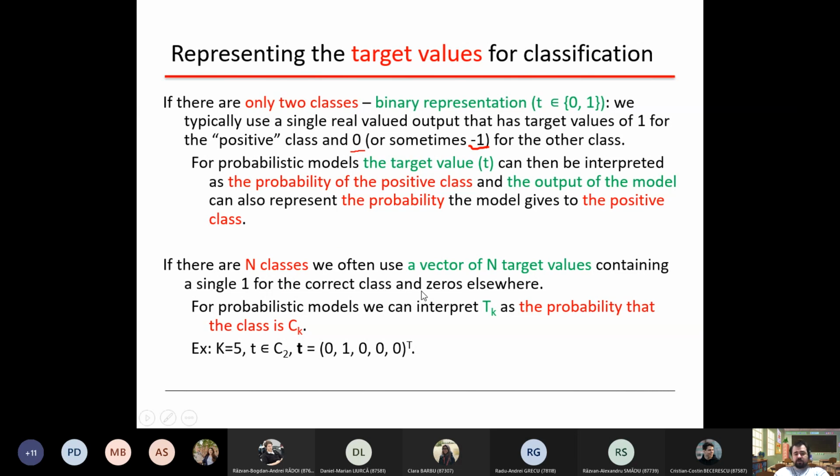Again, for probabilistic models, we will interpret tk as being the probability that the class of the sample is Ck. And we have an example here to make it easier to understand.